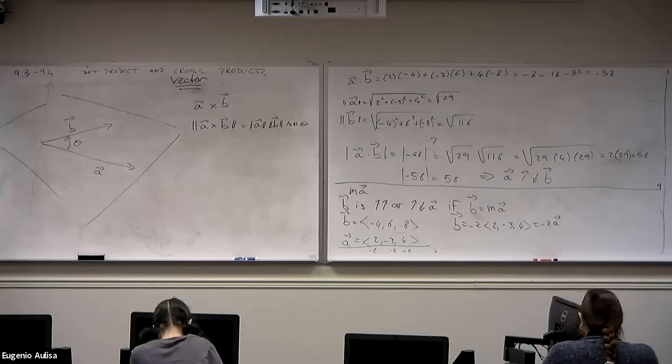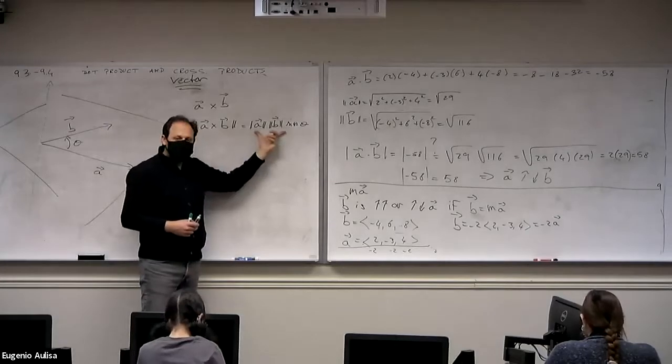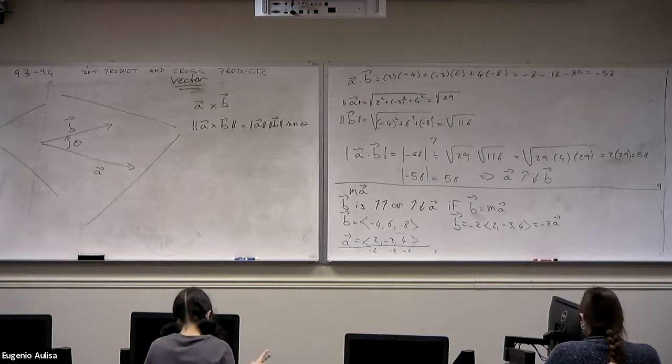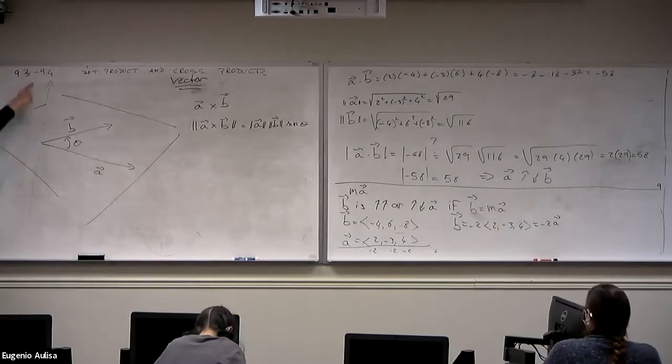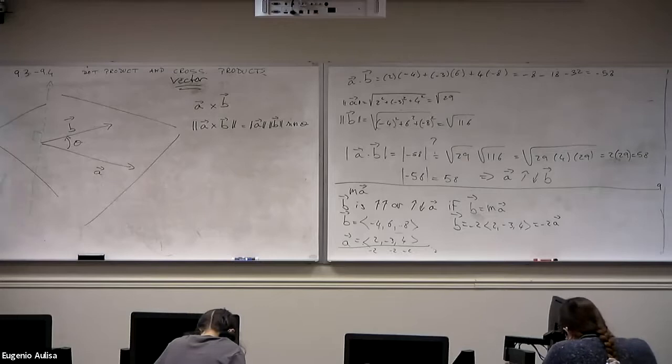So again, A cross B is a vector whose size is given by this product, the length of A, the length of B, sine of theta. And the direction is given by this orthogonal line, which is at 90 degrees with the plane, and is oriented according to the right-hand rule. Okay?